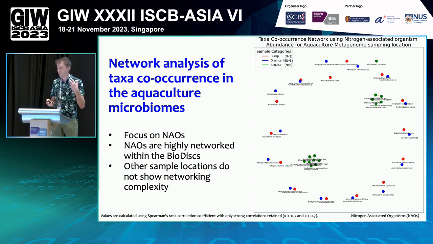However, in the biodiscs, and there were 8 samples present within the biodiscs, we observed these 2 populations of organisms, which suggests that there is some kind of niche forming within the biodiscs, either perhaps due to anaerobic conditions or aerobic conditions, or as seems to be the case based on these organisms, it's probably something a bit more to do with denitrification versus nitrogen fixation.